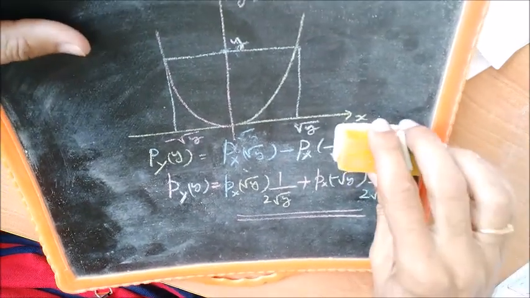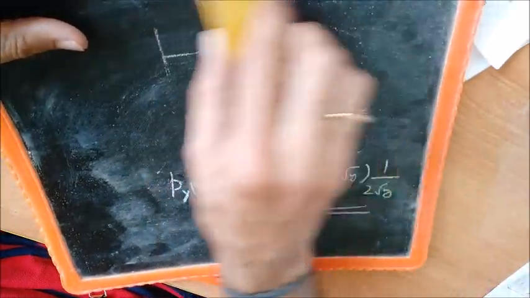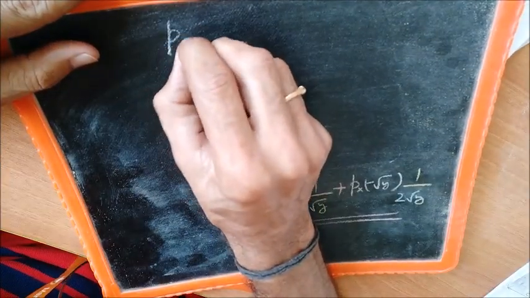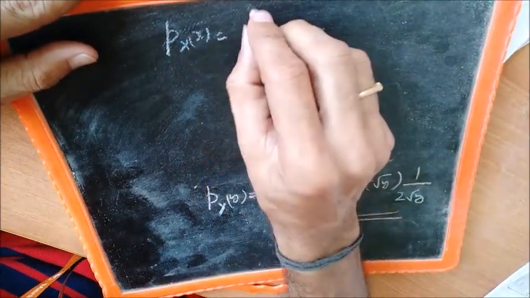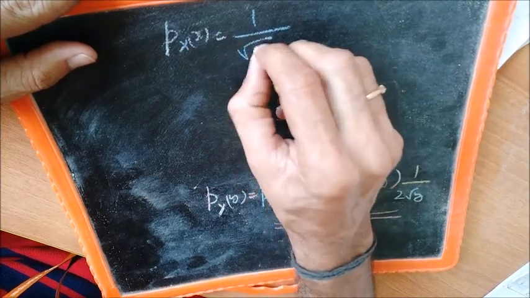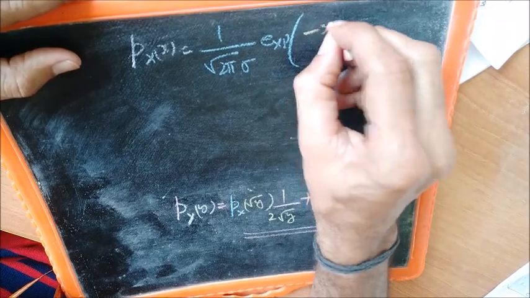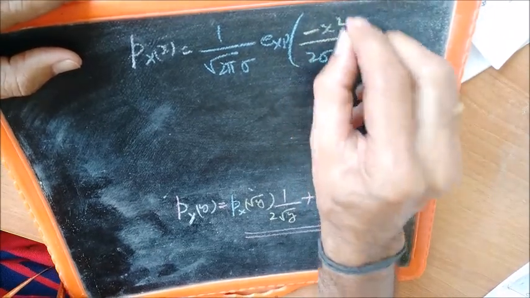Now as an example, let us say that x had a Gaussian distribution with mean 0 and variance sigma square.